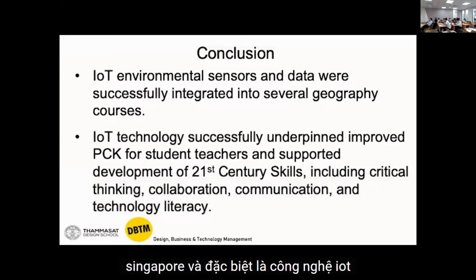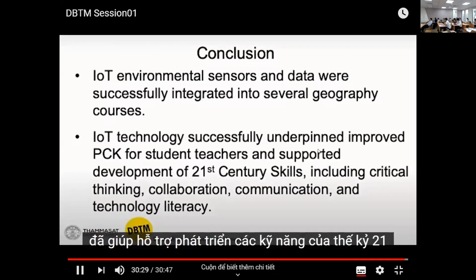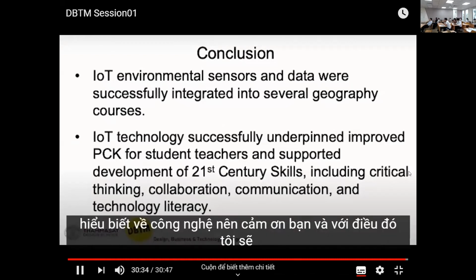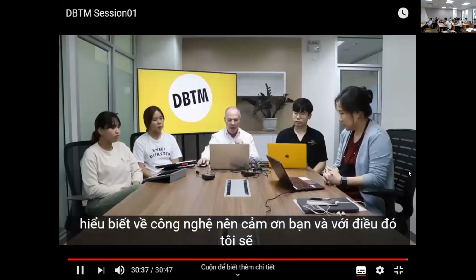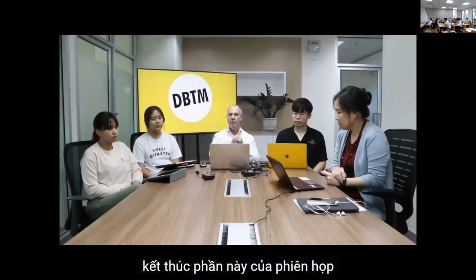And in particular, the IoT technology helped to support development of 21st century skills that include critical thinking, collaboration, communication, and technology literacy. So thank you, and with that I will conclude this part of the session.